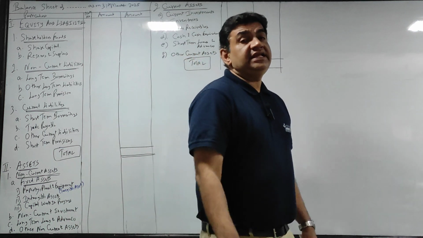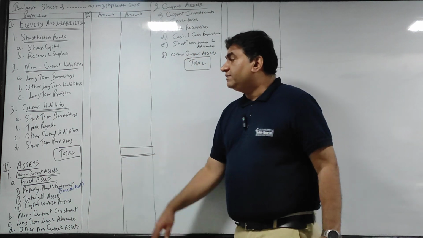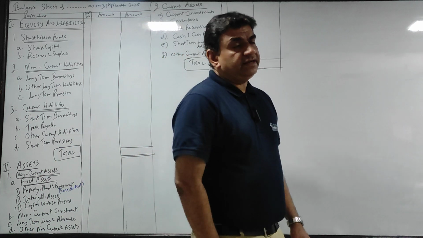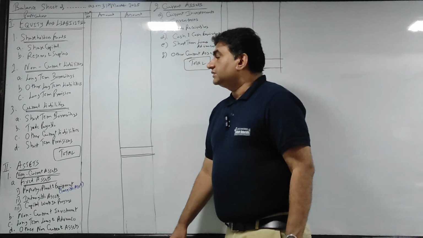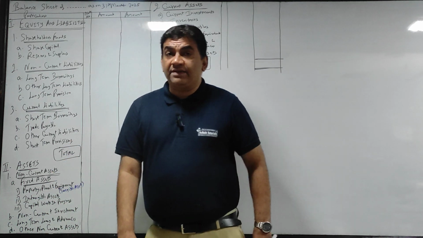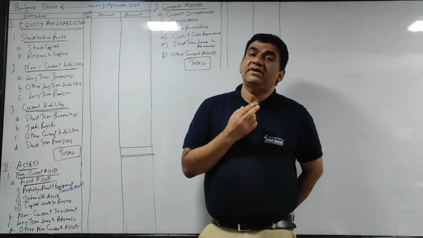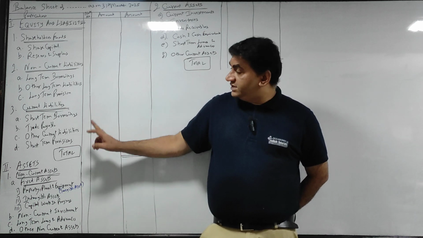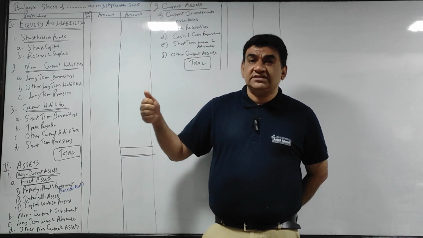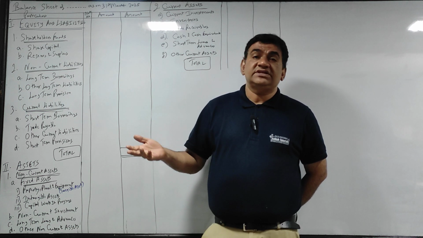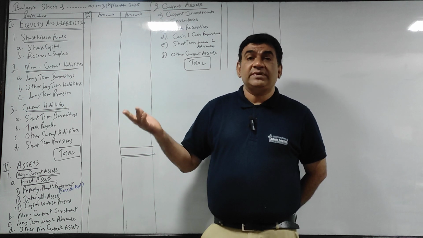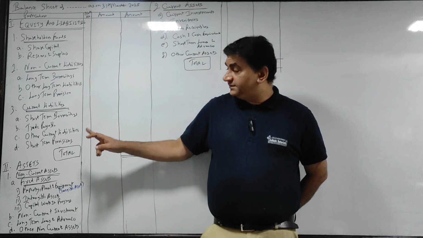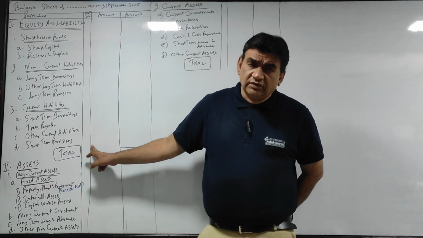So when you get any income in advance, that will be a part of other current liabilities. Anything paid in advance, asset. Anything received in advance will be a liability. So other current liabilities: expenses which are outstanding, income received in advance, interest payable on loans, all that comes in other current liabilities.